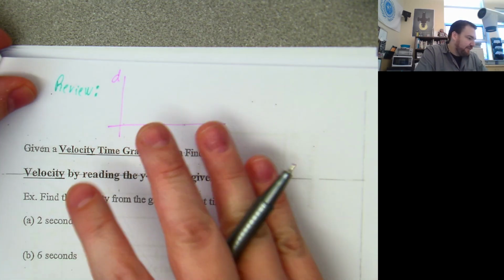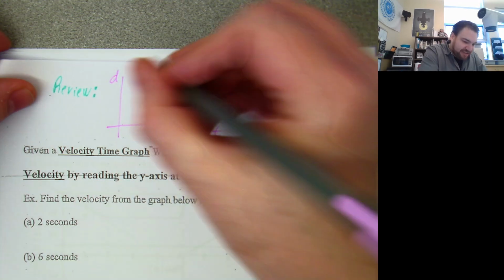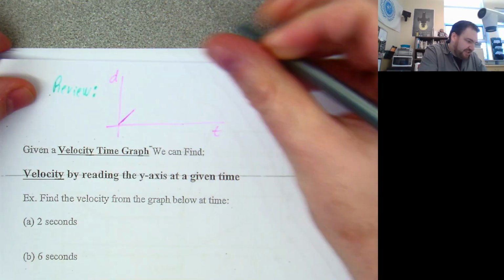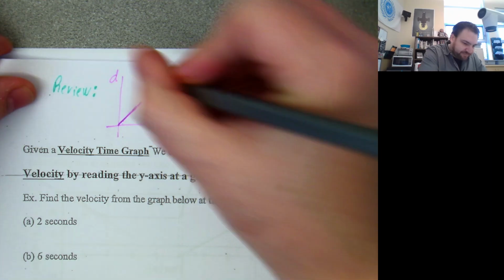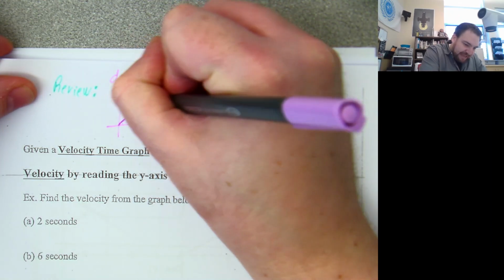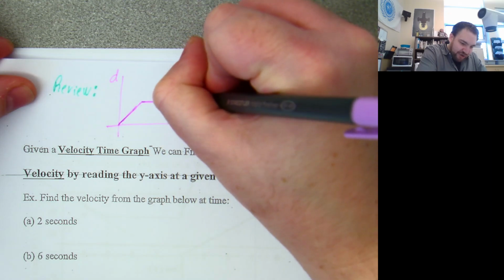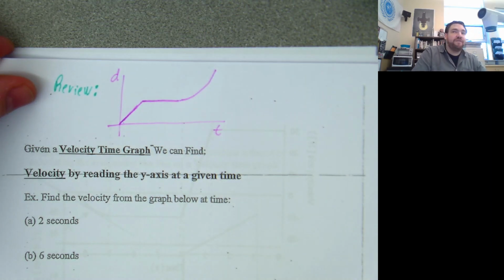A displacement-time graph or position-time graph looks like this. Let's just talk about one here for a second. I've got a straight diagonal line, a straight flat line, and then kind of a curved line. And we're going to put all of the pieces that we looked at on this graph.